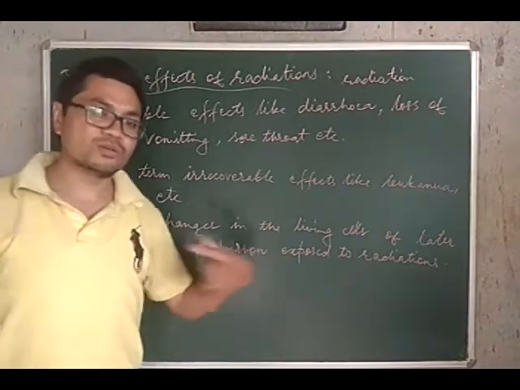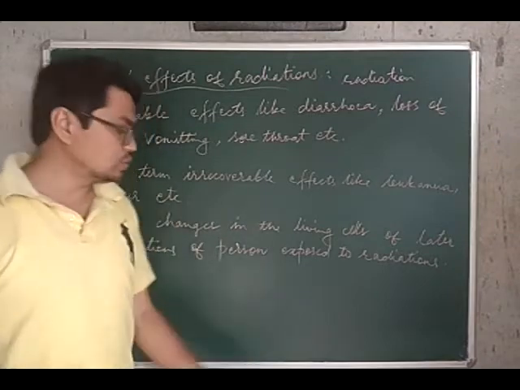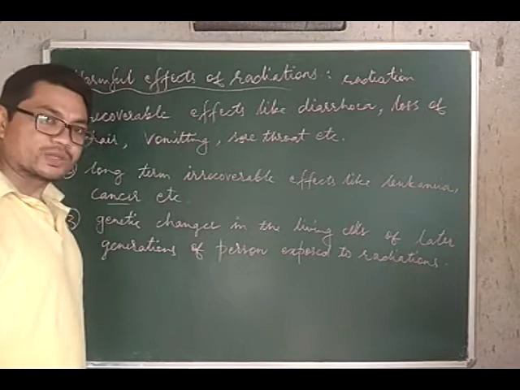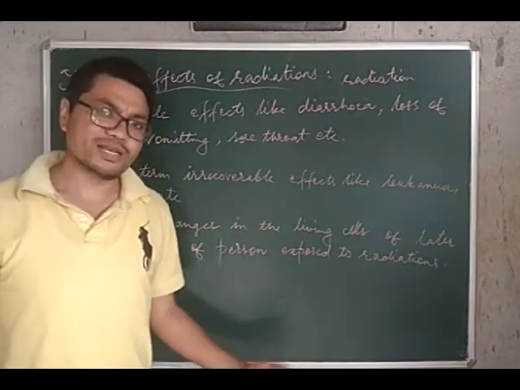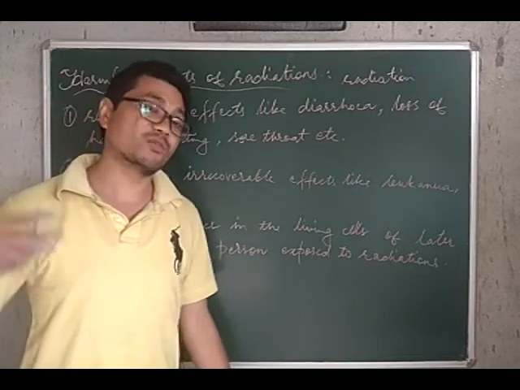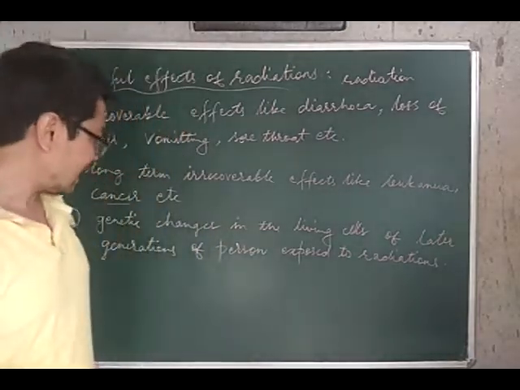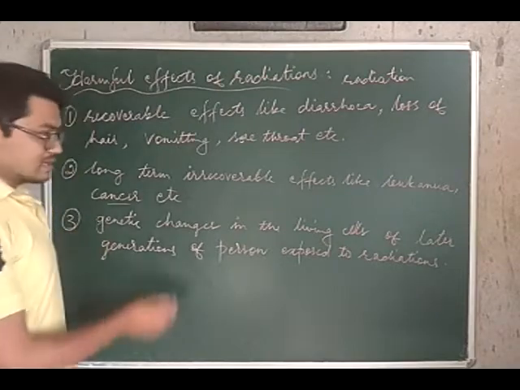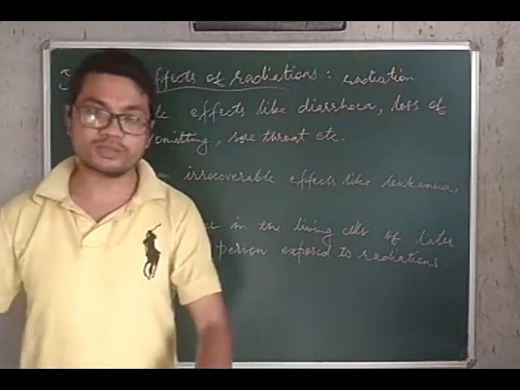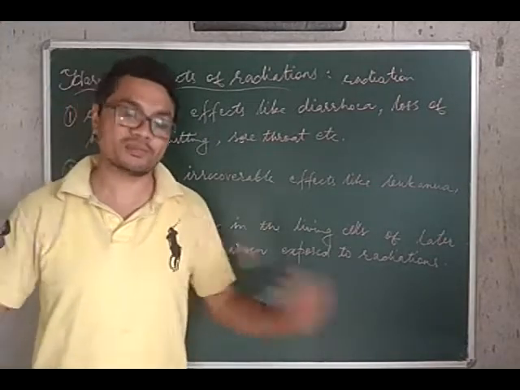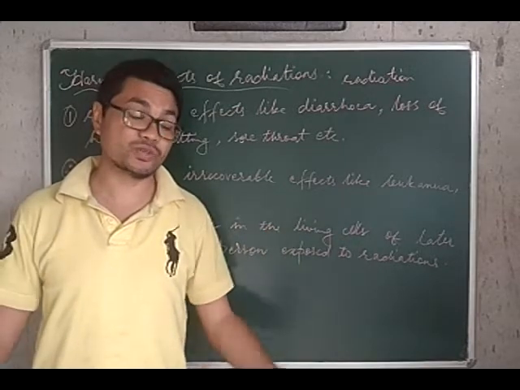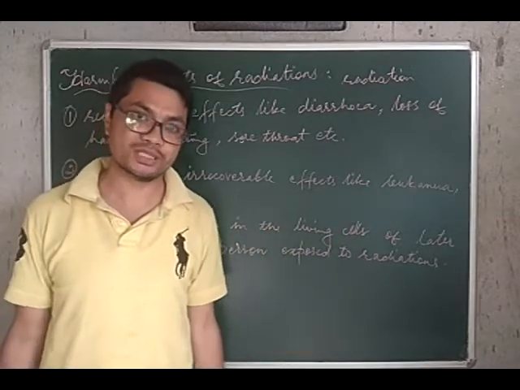So long-term exposure to alpha, beta, gamma radiations can cause cancer. It's dangerous, therefore. Not just that, if I am exposed to alpha, beta, gamma radiations for a very long time, it can cause genetic changes in the living cells of my upcoming generation, so to say.